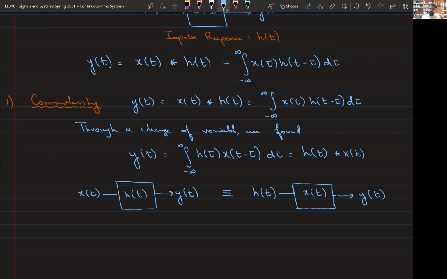It wouldn't have mattered if I considered another system with an impulse response x to which the input was that particular h; the output would have been the same. That's what I'm saying. I get your point, there's a subtle difference here. Try to think about that, and come back to me if you have questions after the class. So this is commutativity.